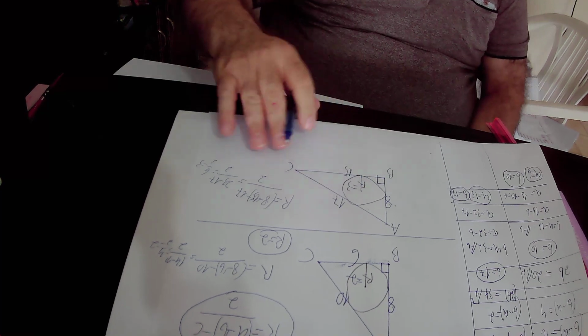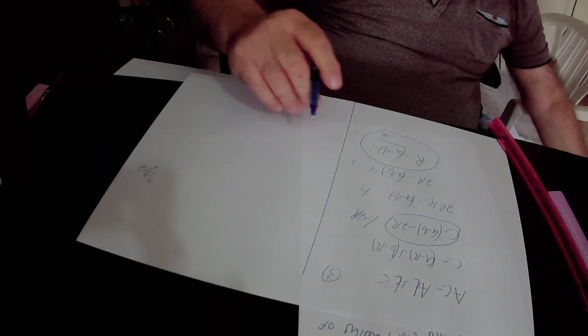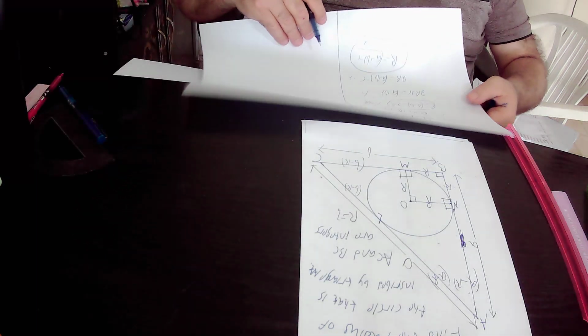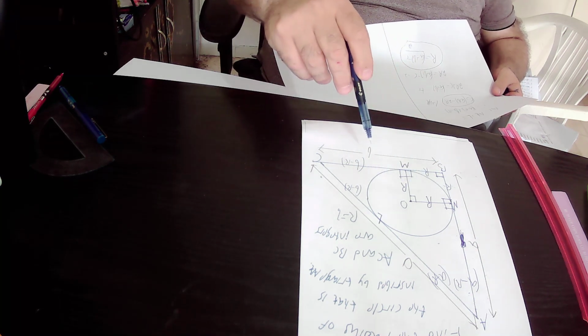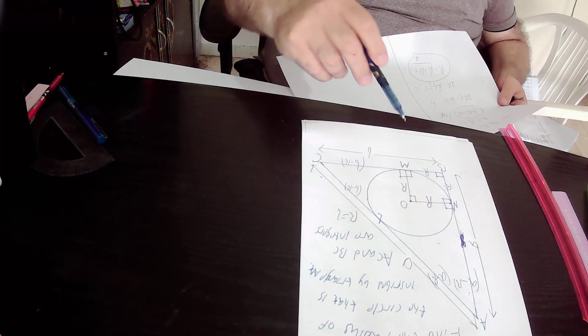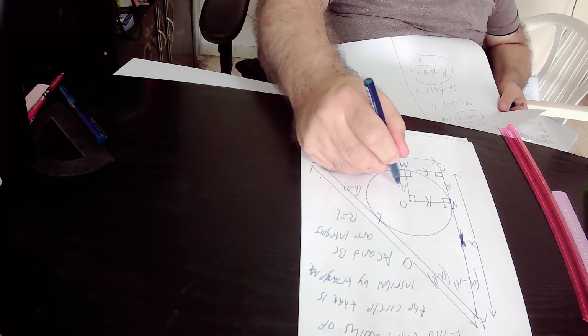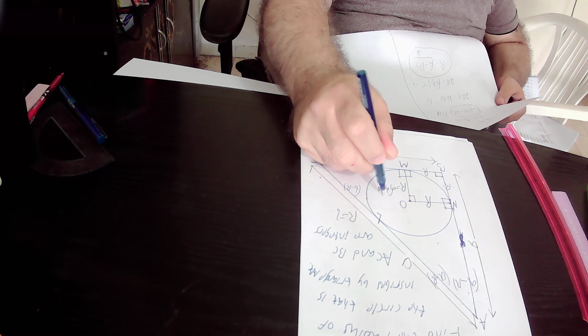So in conclusion, we have two possible solutions for this question. The radius of this circle that is inscribed in this specific triangle, triangle ABC, equals either 2 units or 3 units.